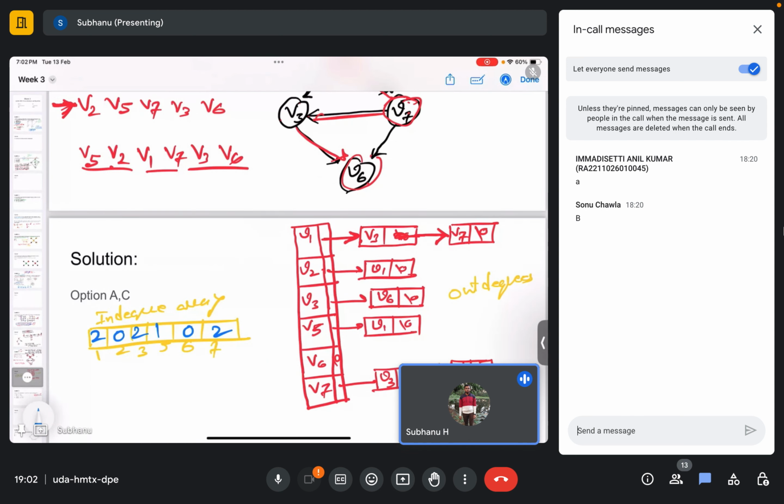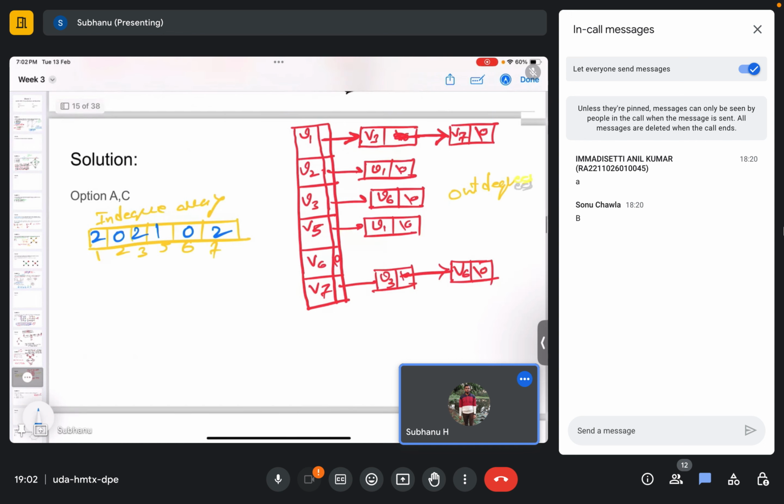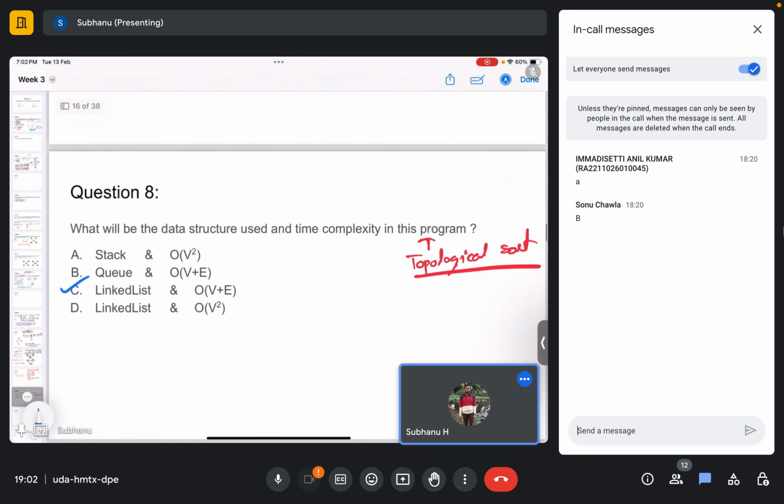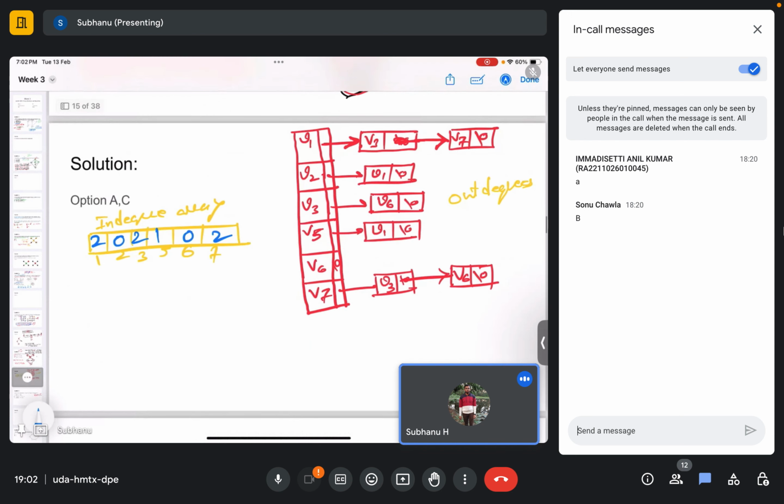So if you use a linked list structure and an array for the in degrees, you can finish this algorithm in order of V plus E, because for creating this array you need order of V time.